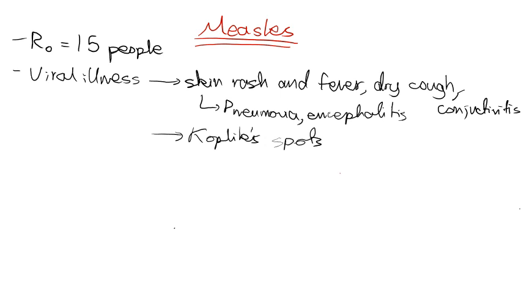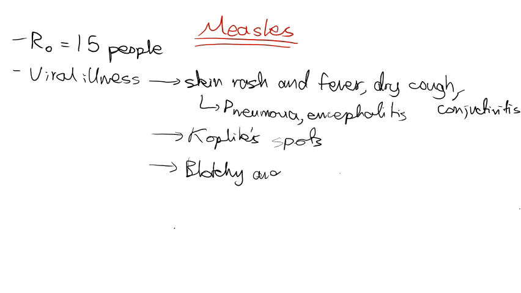The advantage of sensing these Koplik spots in the first place is that they occur before the rash itself, which means that they are a very early sign of measles. And the earlier that we can identify measles, the greater the chance we have of not developing these highly serious and fatal complications.